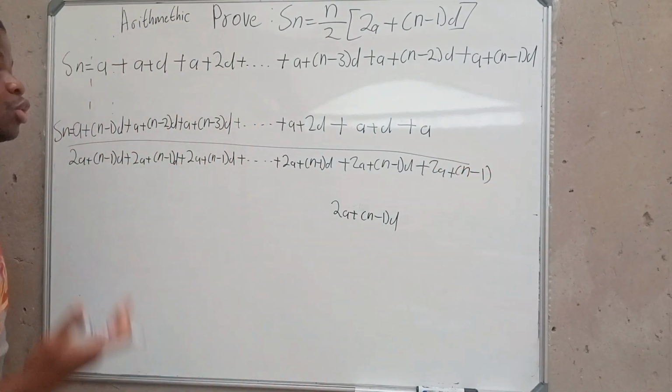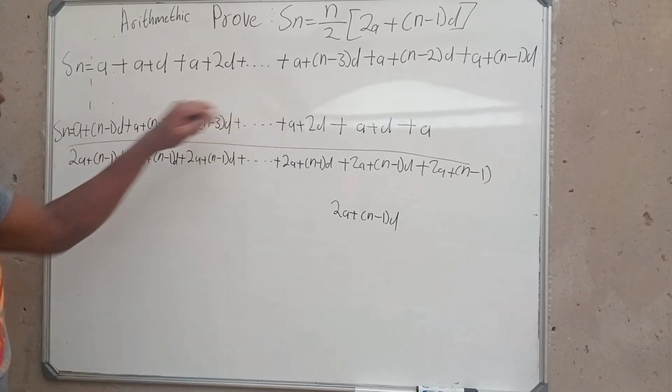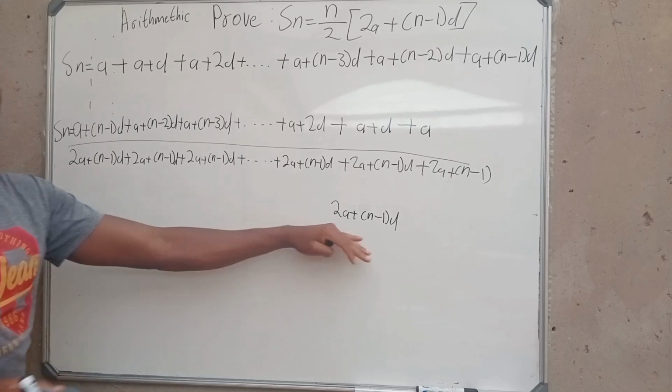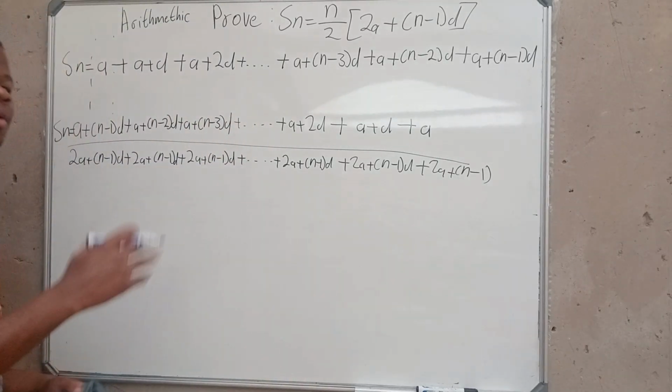For it to be simpler, just write this and that, and then on your third step, you just write these things. Yeah, the examiner will think that you understand this.